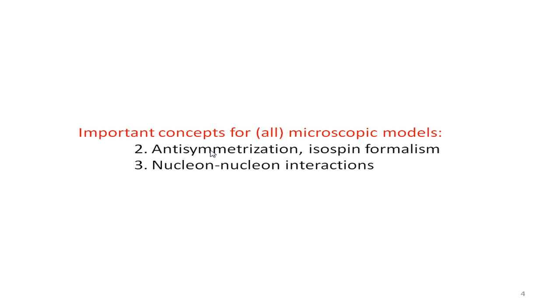Okay, so as I said before, before talking about microscopic models, we need two important concepts, which are the antisymmetrization and isospin formalism. And we also need to talk about the nucleon-nucleon interaction.